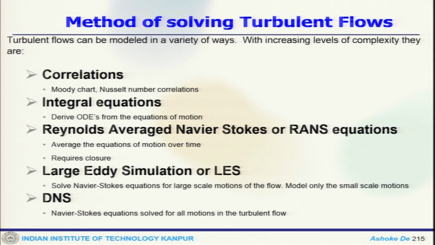So, the simpler one can use the correlation based calculations, which were often used in earlier days, like Moody's chart, Nusselt number correlation, and once you use those correlations you get the design point data. Right now I would say this is sort of history, because nobody does that, given the kind of computational facility available these days, one can easily do simulations.